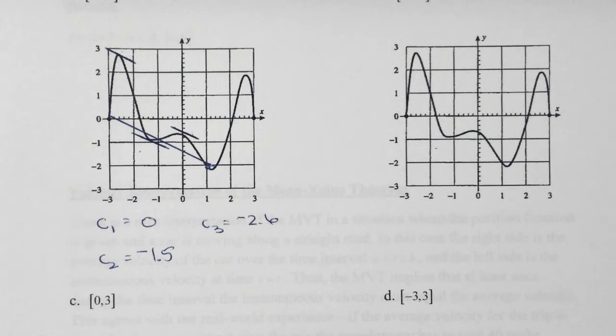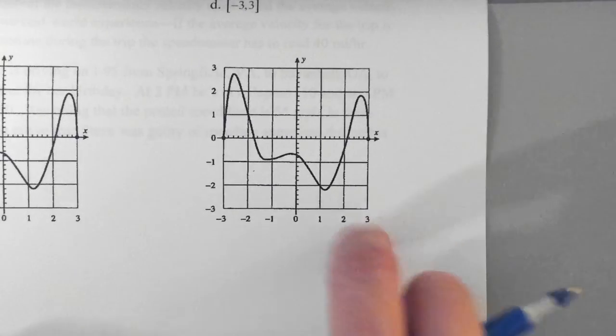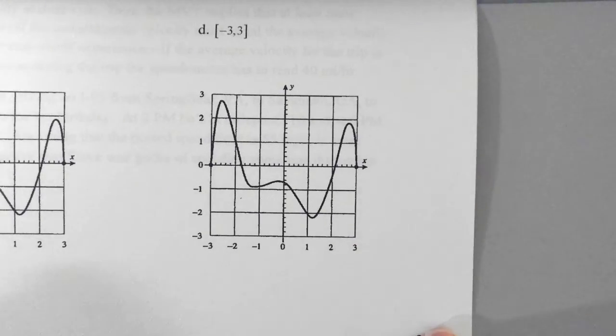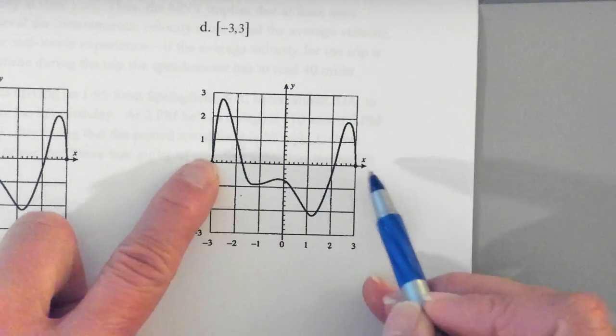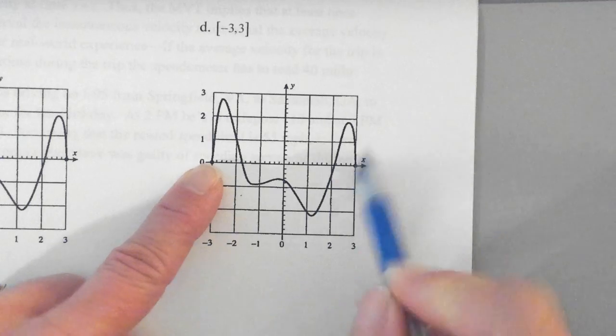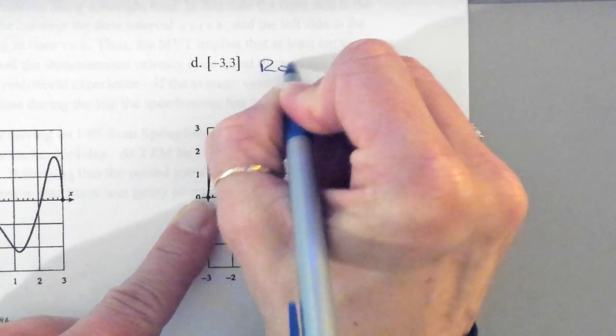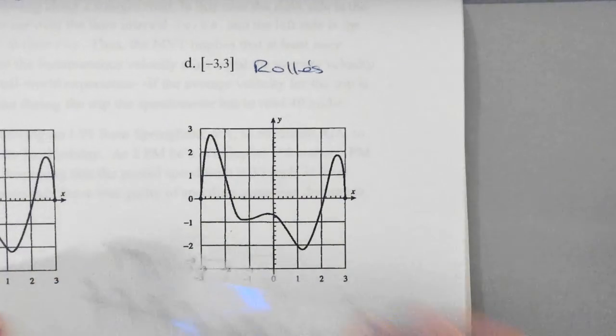Okay, let's take a look at D. We're jumping to D, right here. So from -3 to 3, tell me something unique about those y values. Aha, this is Rolle's theorem because the y values are the same. So this is Rolle's.